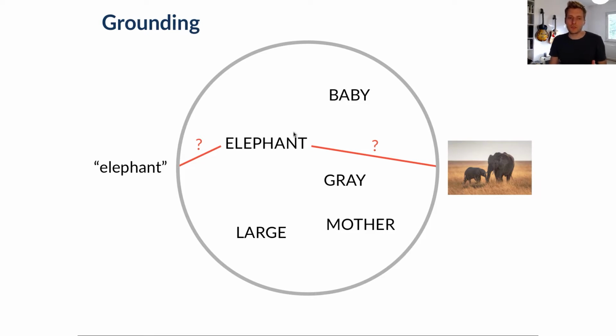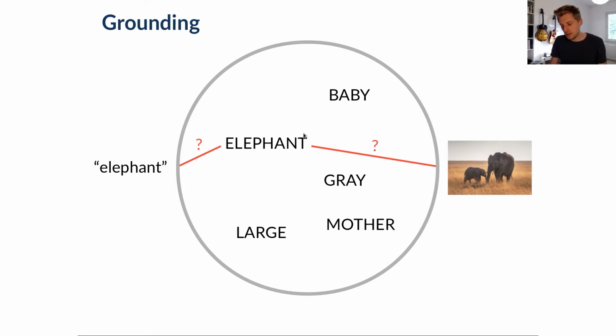And these systems were criticized because they were missing grounding, and that means they were missing the meaning of what an elephant is. So the meaning would be some kind of connection to what does an elephant look like, how does it move, how large is it, and so on. So it's missing a connection to sensory motor representations.